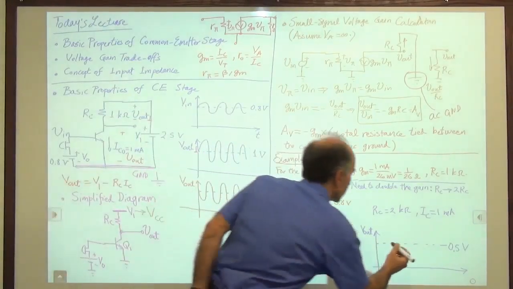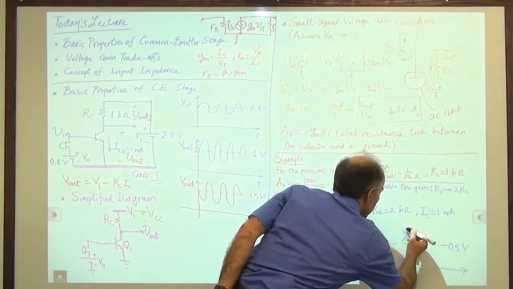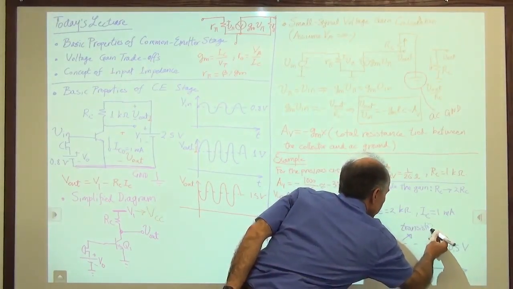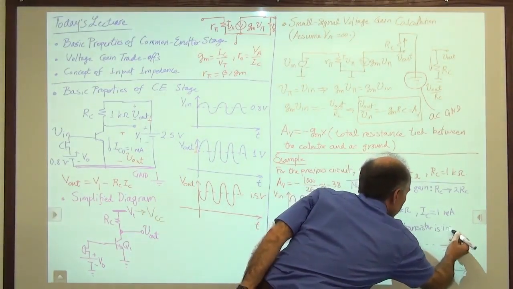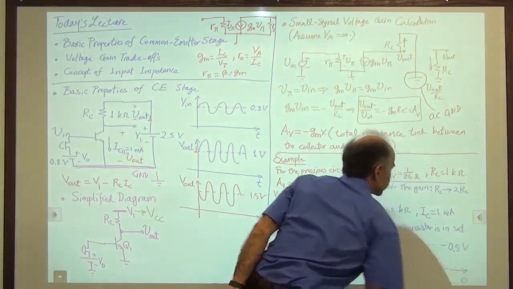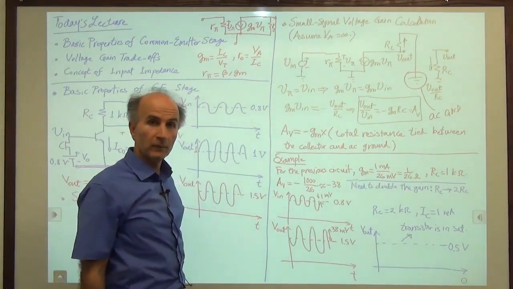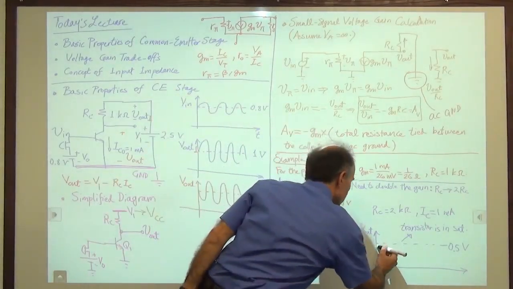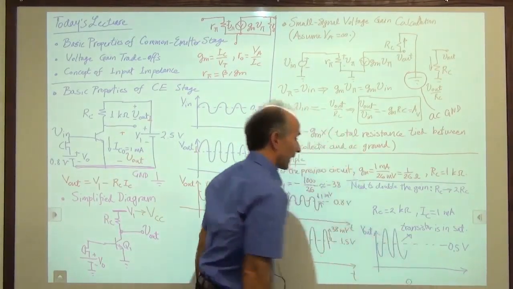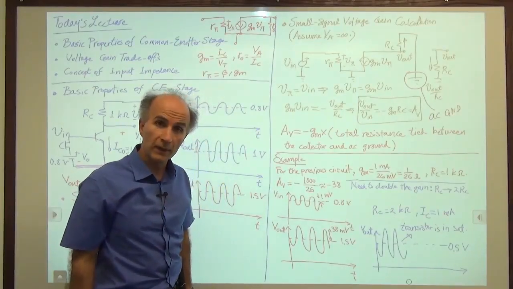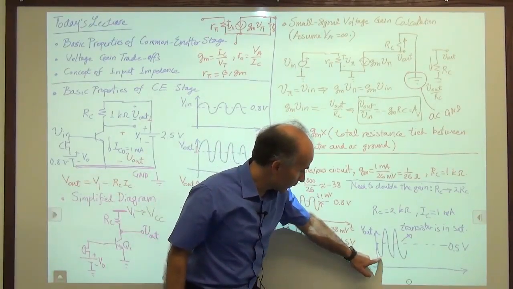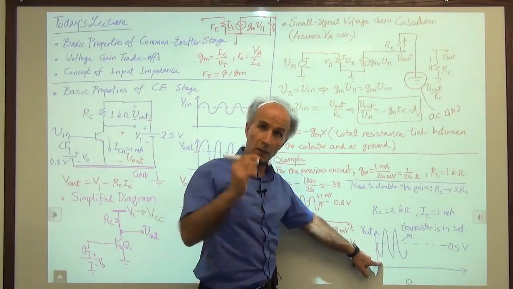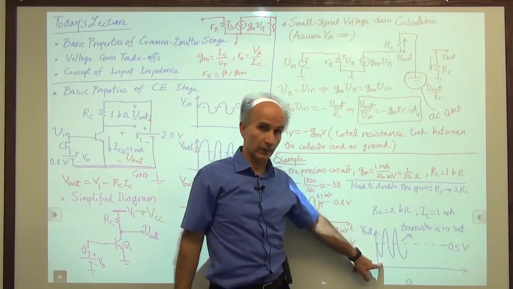So we say transistor is in saturation. So now the signal comes in and we have these large fluctuations. So we'll have things like this, and the situation is even worse because over here we are even less than 0.5 volts. So the device is deeper in saturation, we are in trouble.